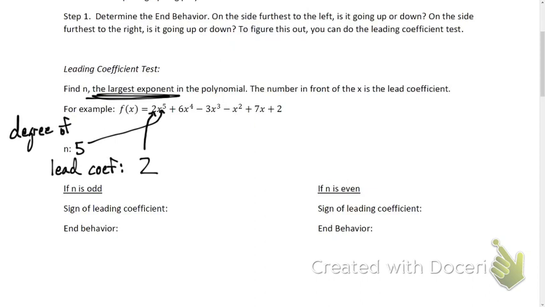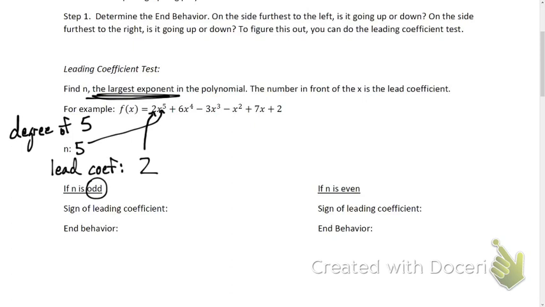It tells us a few things. If you look down in the notes, there are more steps to graphing these types of functions. And this is just step 1. So that degree of 5, n of 5, it tells you many things. But for this lesson, we're just going to look at end behavior. So I would say that we have an odd degree.